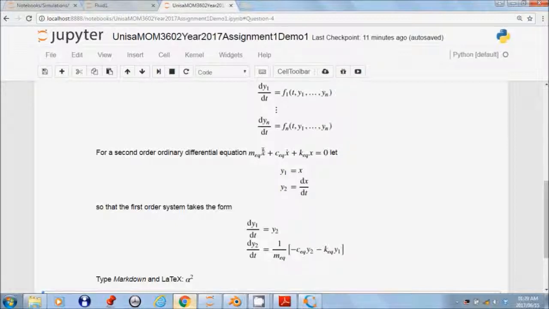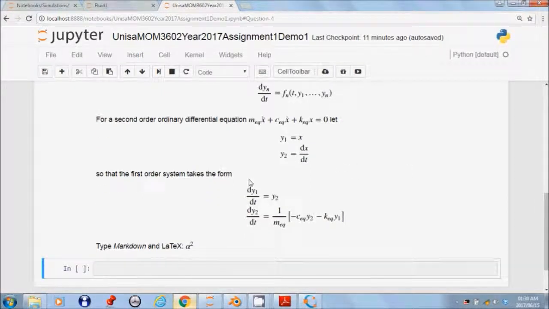Then, when we have it in that particular form, we could rearrange it and we'd have a simultaneous system of first order equations.